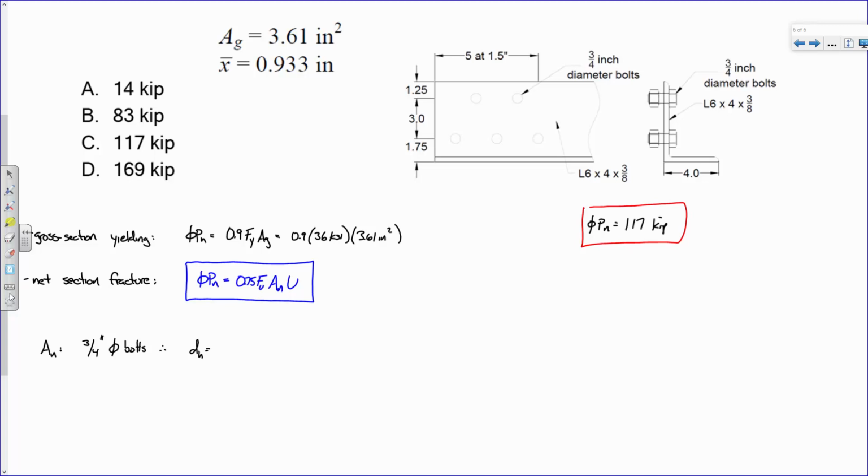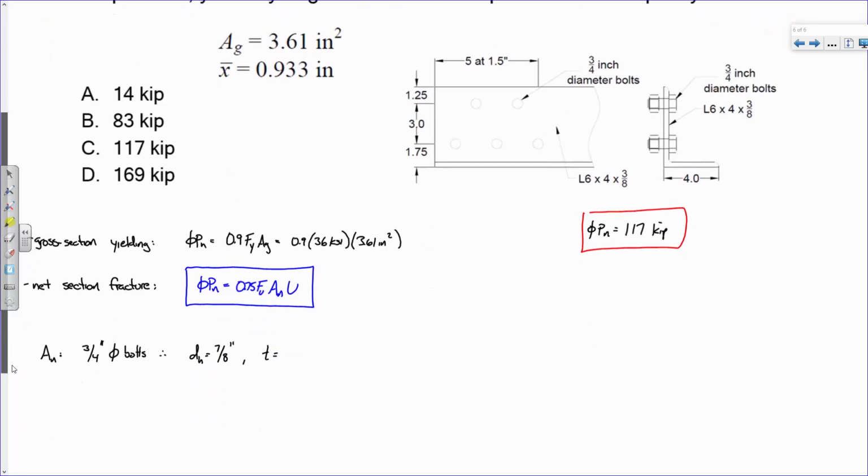Now that's a fair point. Remember, you add 1/8 when you're doing tension members, but you add 1/16 when you're looking at bolt bearing because you're looking at the physical dimensions of the hole. So this is 7/8. We have a thickness of 3/8.